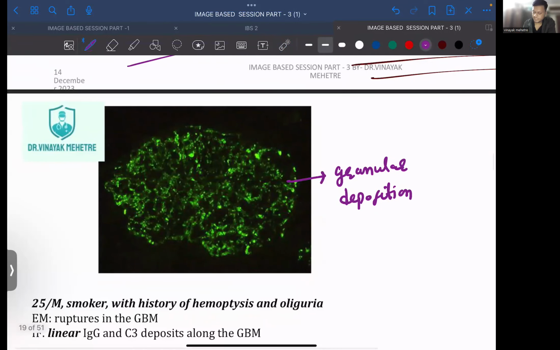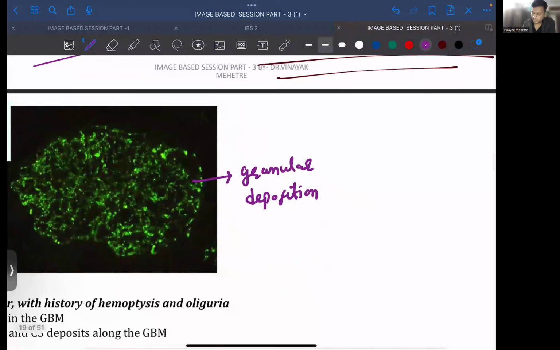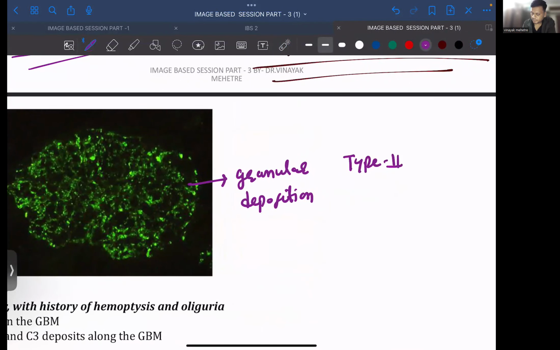Where do we see it? We will see it in type 2 RPGN. Now comes type 3 RPGN. We are not going to see any kind of deposition. That is called no deposition.